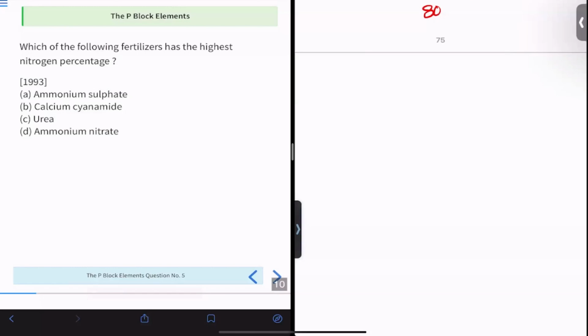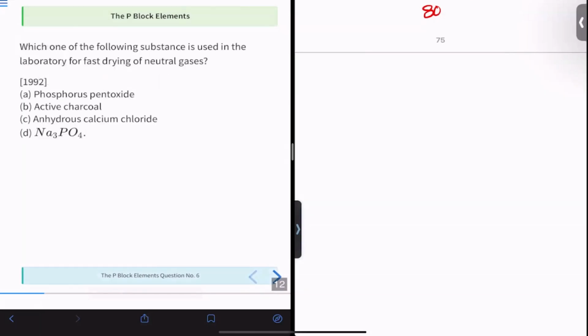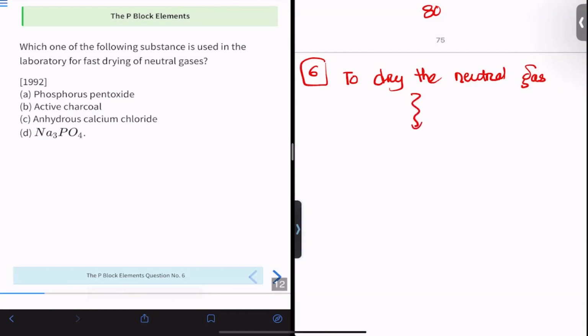Okay, guys. So with this, I'll move to the next question. Question number 6: which one of the following substances is used in the laboratory for fast drying of neutral gases? To dry the neutral gas, what do you need?